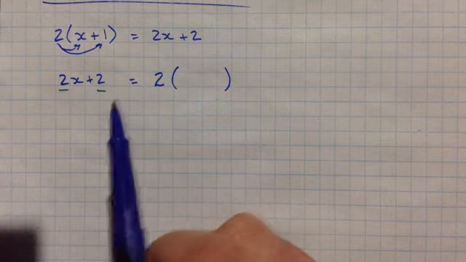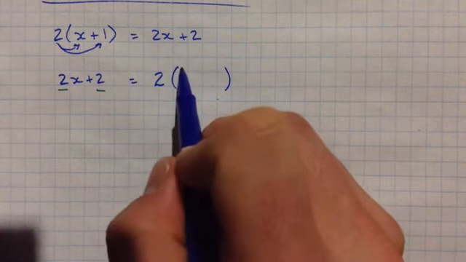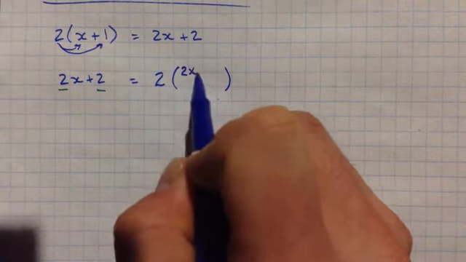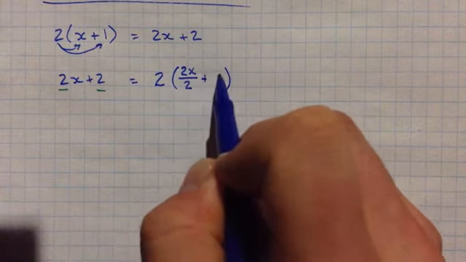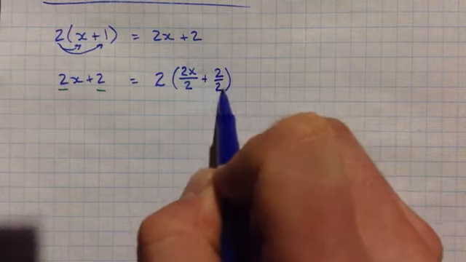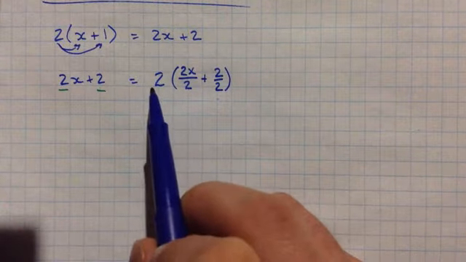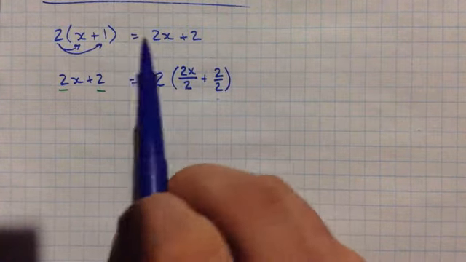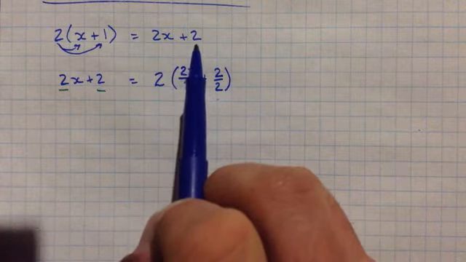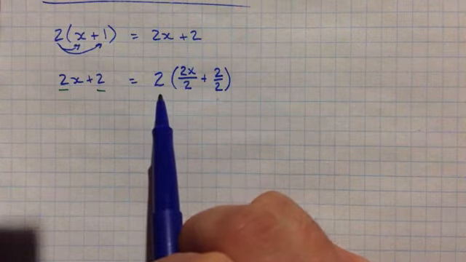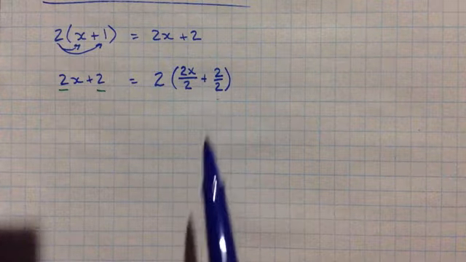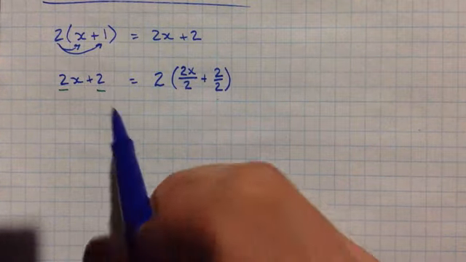We're doing the opposite operation, so maybe it makes sense to you that we're going to take each term and divide it by 2 in order to be able to take that out. So we multiplied by 2 to get this 2x and to get this 2. In order to remove that 2 and bring it out here, we're going to divide each term by 2. This is the distributive property in reverse.